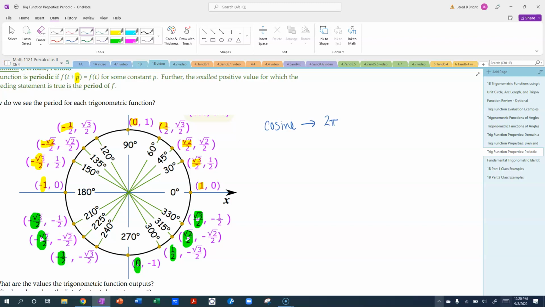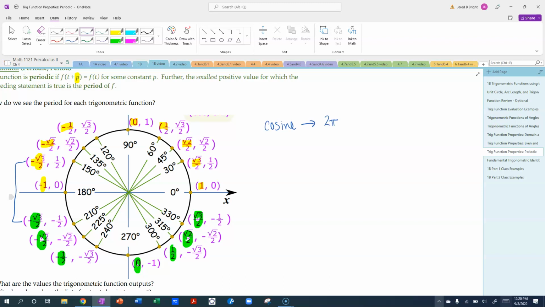The reason for that is that if we look at the coordinates connected, so not just the x values, but the y values as well, or the point as a whole, right? Even though we have, for example, negative square root of 3 over 2 as the same x value for 150 and 210, they have different y values.